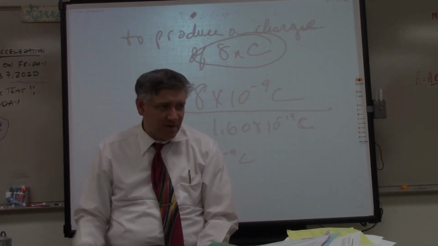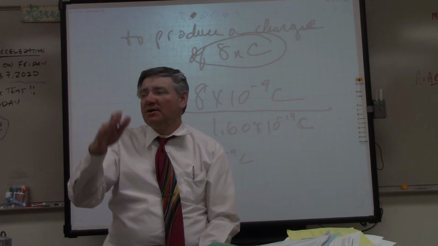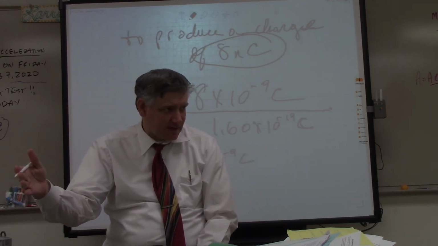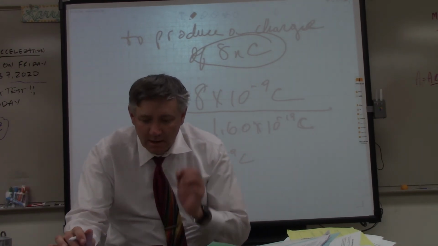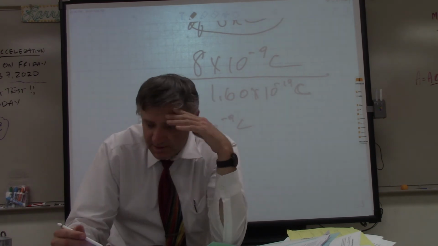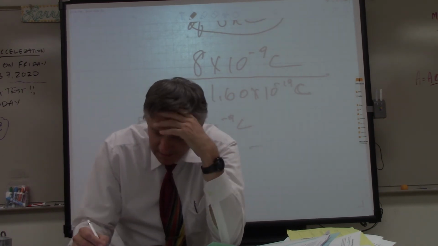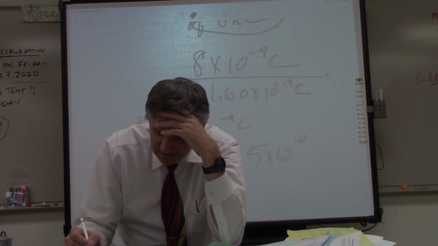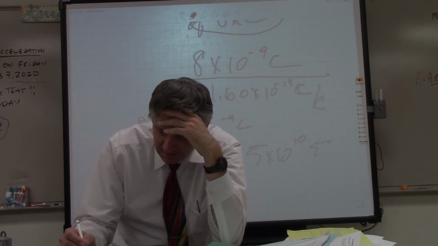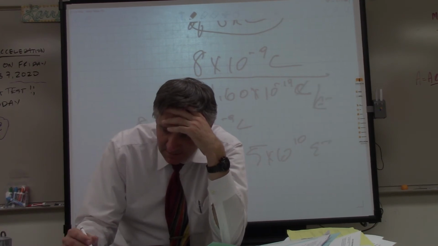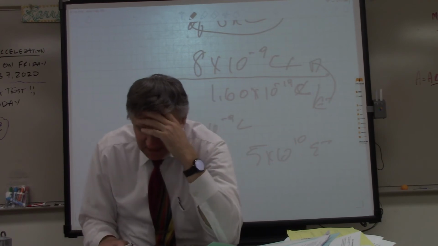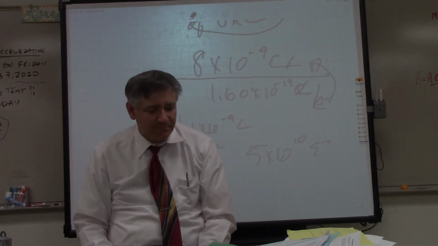If it had been 80, you'd write it as 80 times 10 to the negative 9th. If you do this, you get 5 times 10 to the 10th electrons, because that's coulombs per electron. The coulombs cancel out. Boom. You're off to the races.